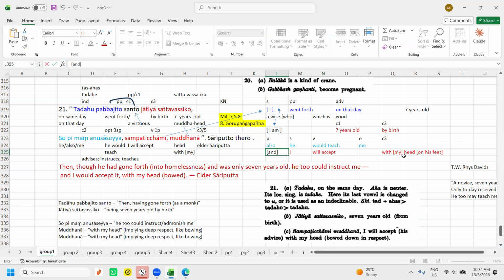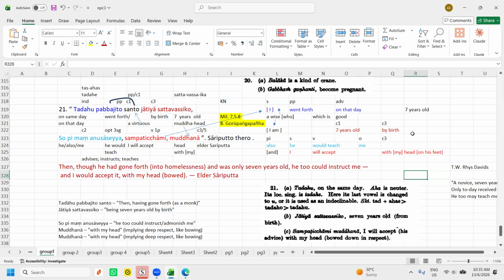I accept with my head on his feet. That means I will bow down. So when you look at this line, then you can imply that instead of a wise one, you can say I went forth on that day, and then I am 7 years old by birth.